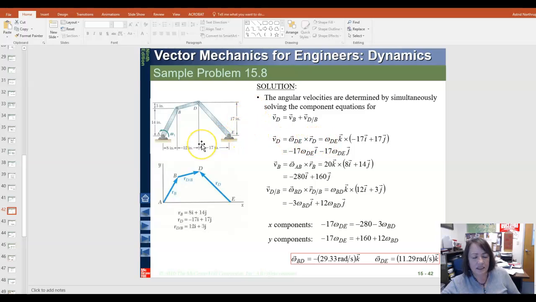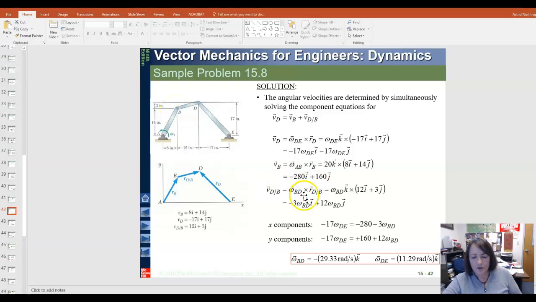So we have 17 and 17. From E to D, we have negative 17I and positive 17J. All right, so then we do our cross and we get a velocity. That's going to be the velocity of point B, isn't it?